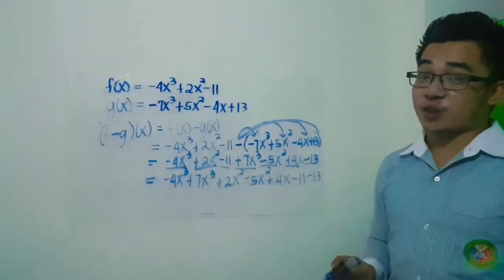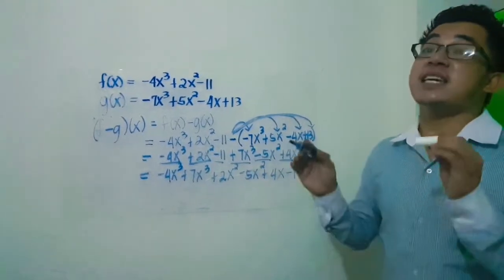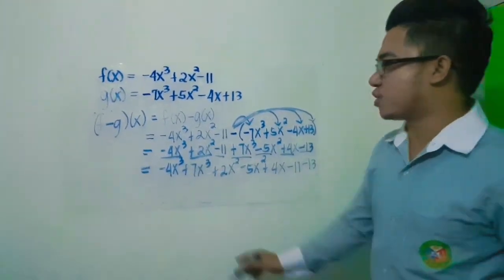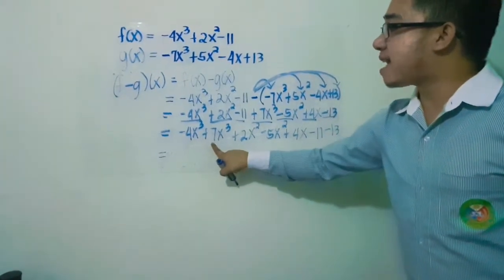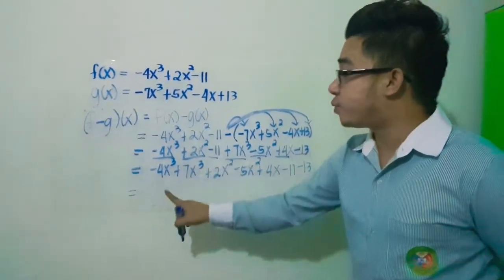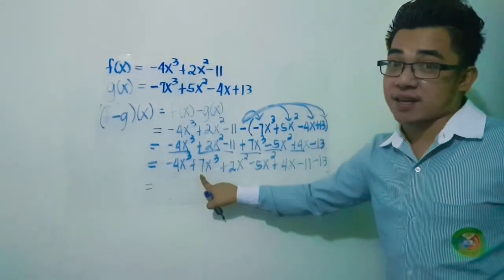After collecting like terms, perform the operation or the rules in adding and subtracting integers. So we have negative 4x cubed plus 7x cubed. All you have to do is to perform negative 4 and positive 7.